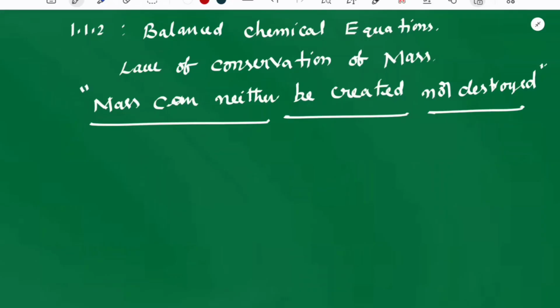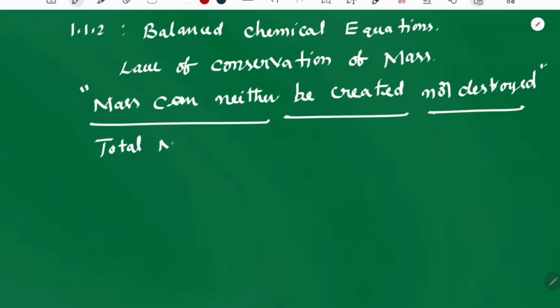That means we can't create mass, and at the same time we cannot destroy it. Whatever is involved in the chemical reaction, the same number of atoms are present on both sides, so the weight does not change.